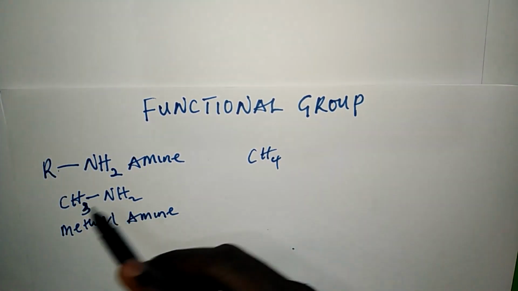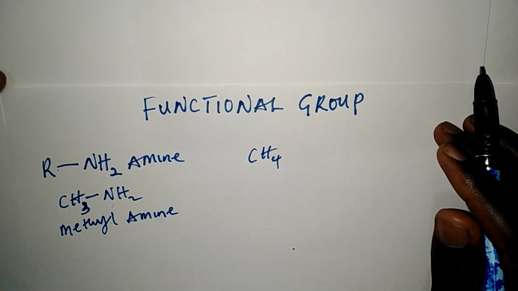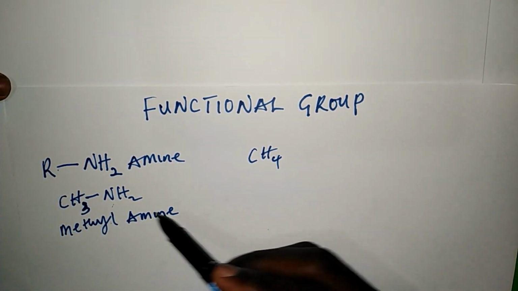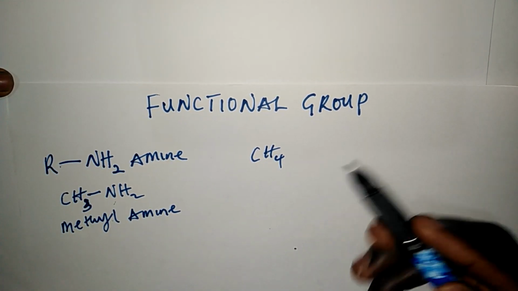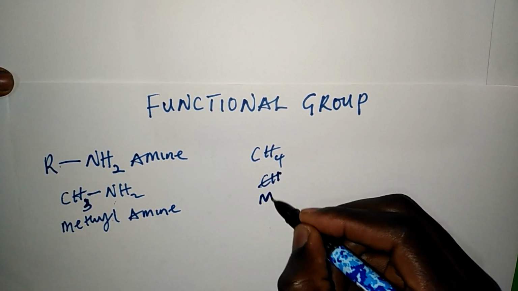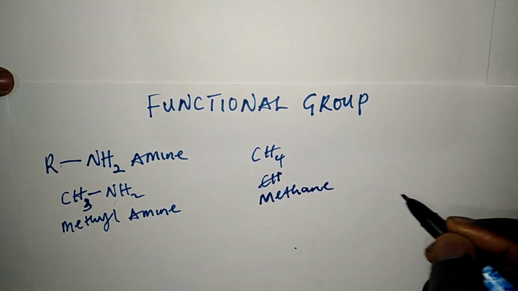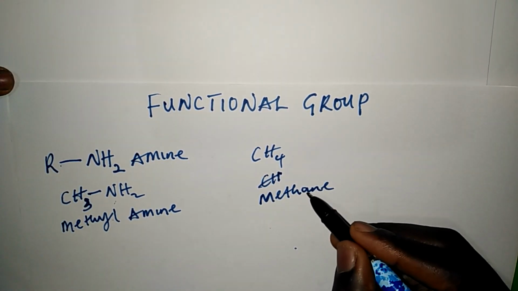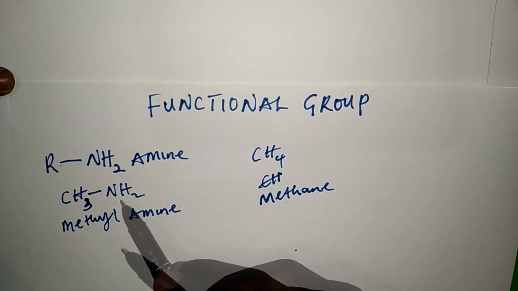As you drop one H and link it to an NH2, it becomes methyl instead of methane. You drop the ANE and put YL, methyl. So in this case, we call it methylamine.